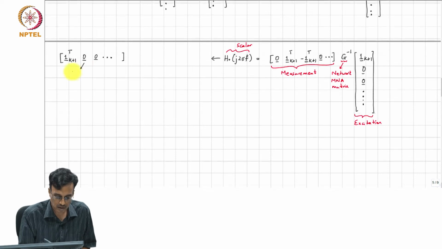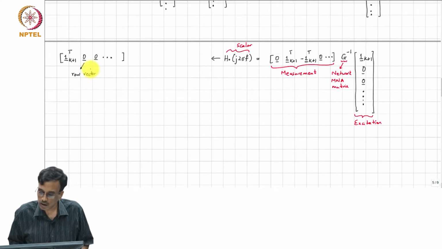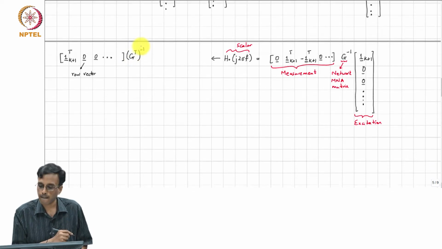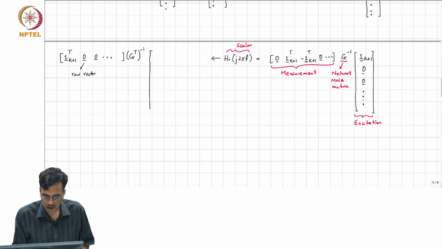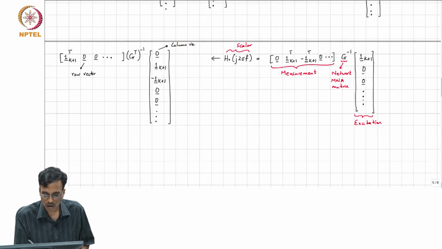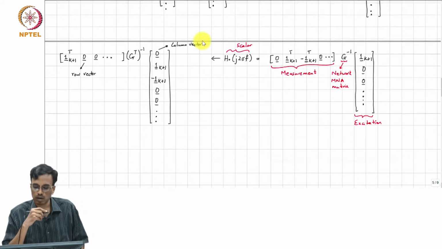So, this is a row vector again, okay, times G transpose inverse times 0, 1 k plus 1, minus 1 k plus 1, 0, blah blah blah, and this 0 is a column vector. Otherwise we can transpose. Right.